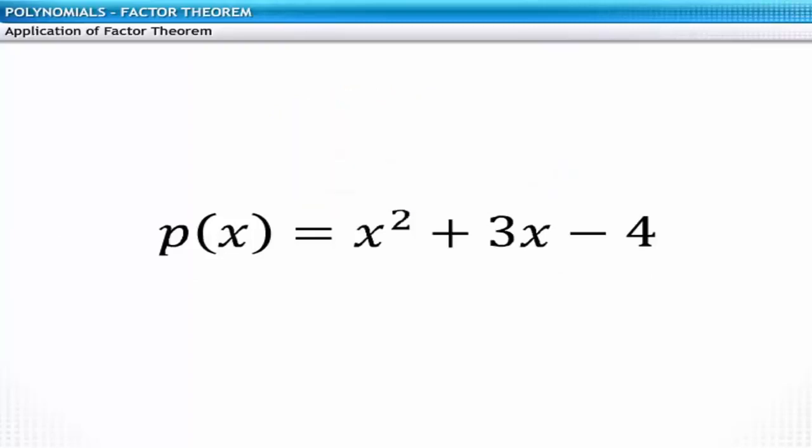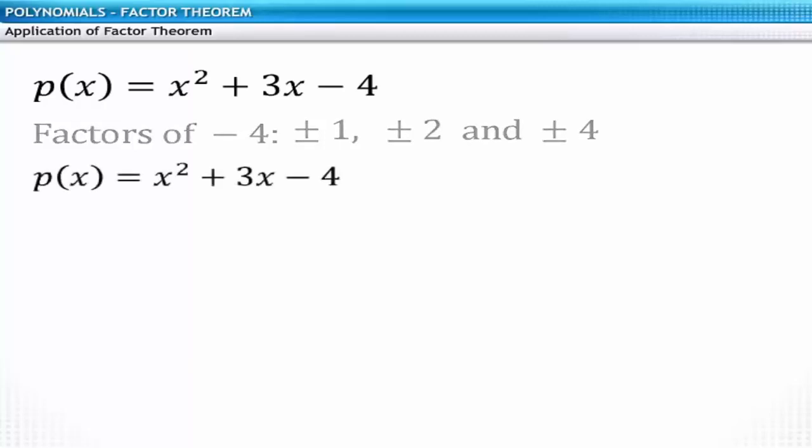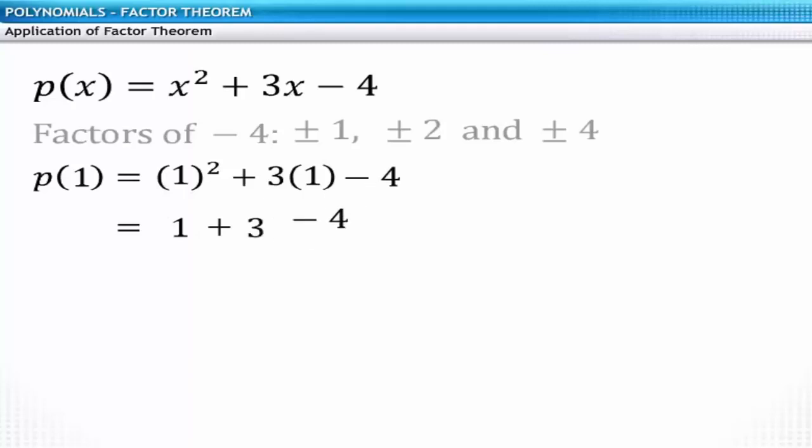We'll find the factors of the constant term minus 4. Next, we'll substitute the factors in the polynomial. Let's begin by substituting 1 in the polynomial. Here, the polynomial becomes 0.